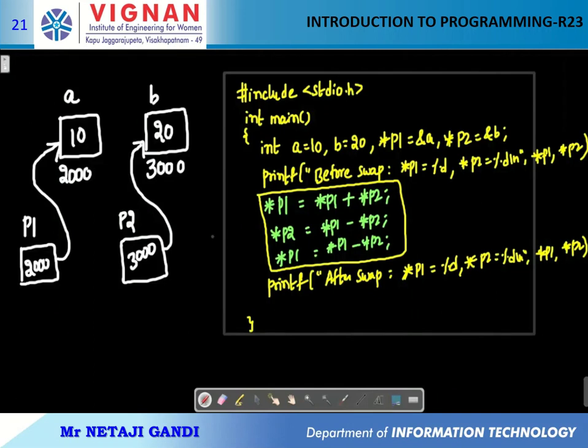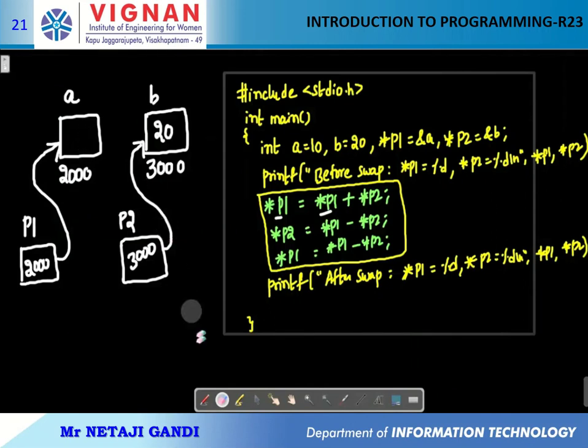Now star p1 is equal to star p1 plus star p2. Star p1 is pointing to this location, right? Now this gets updated by adding star p1 content with star p2 content. Star p1 content is 10 and star p2 content is 20.